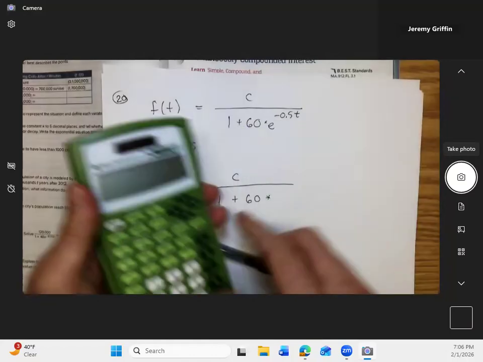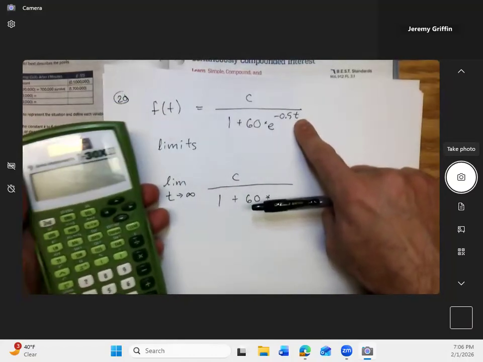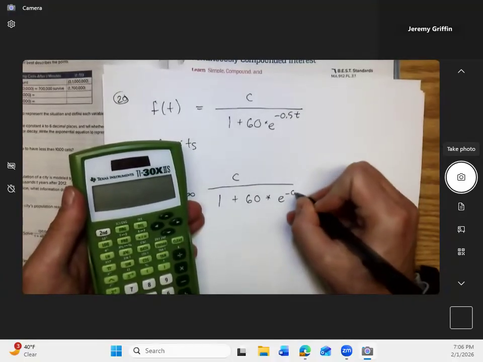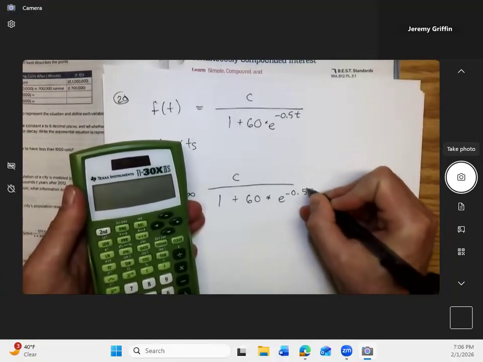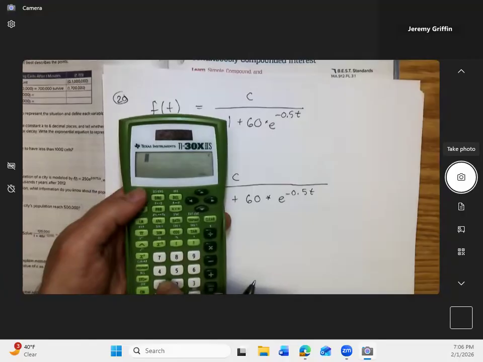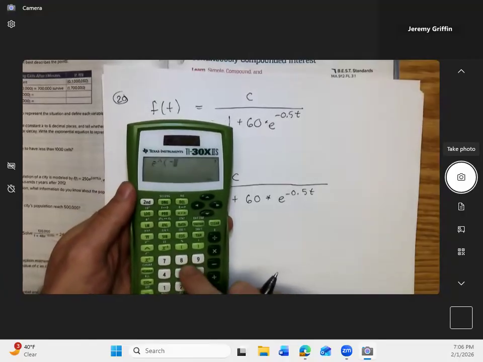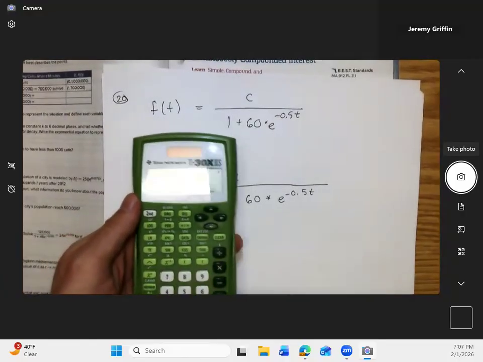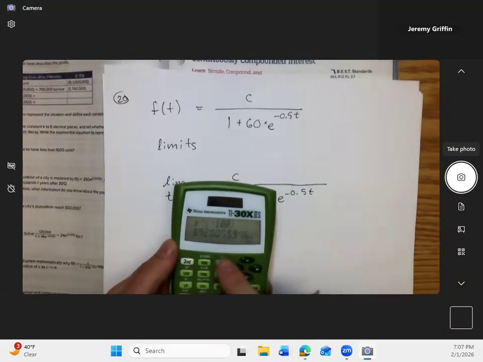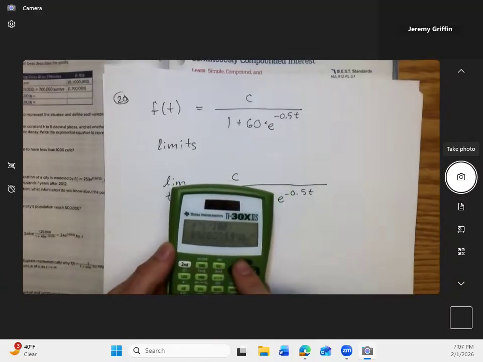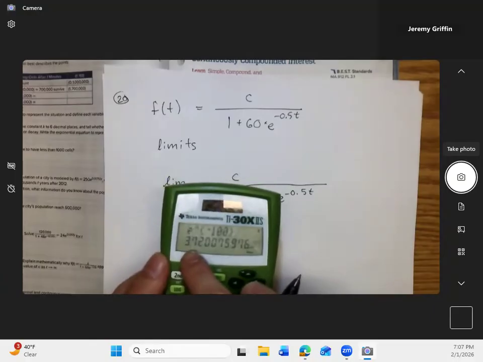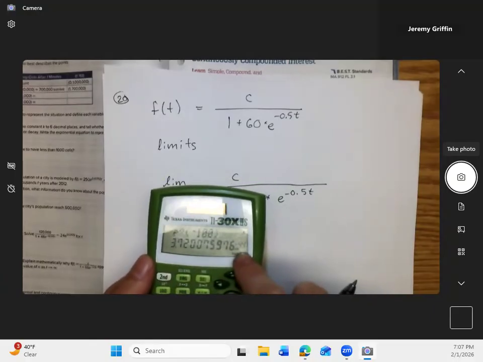Or you could try this on the calculator. t is going to infinity, so this is e to the negative 0.5t. If I do e to the negative and then just type a big number, like 100, let's see what this says. Why is it saying 3 point something? Because that's 10 to the negative 44.